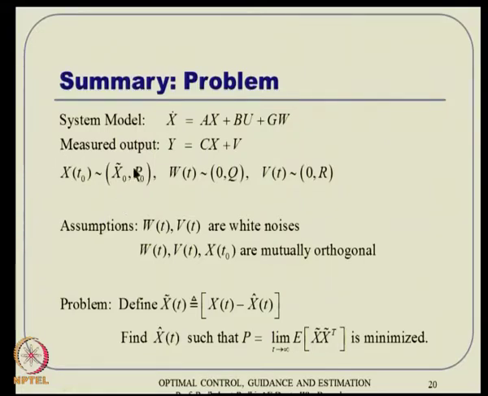Initial condition has mean value x tilde naught, and W is (0, Q) and V is (0, R). Assumptions here are that these two noises are white noise, and W, V, and also x naught are mutually orthogonal.